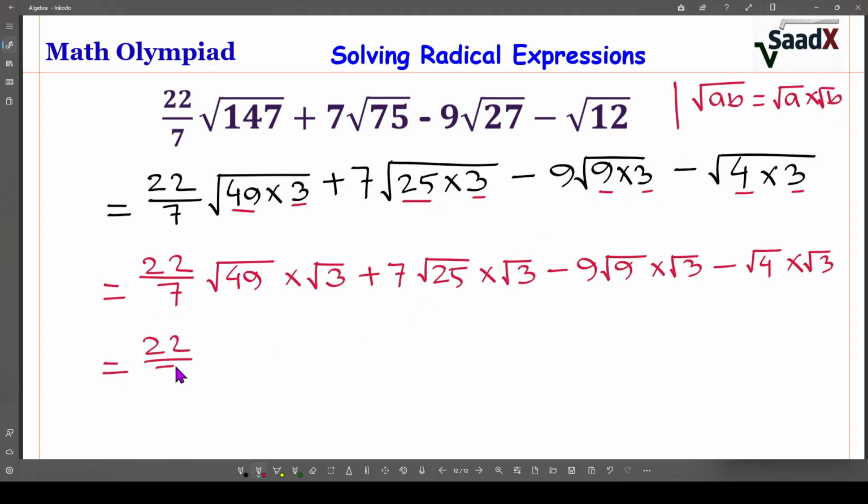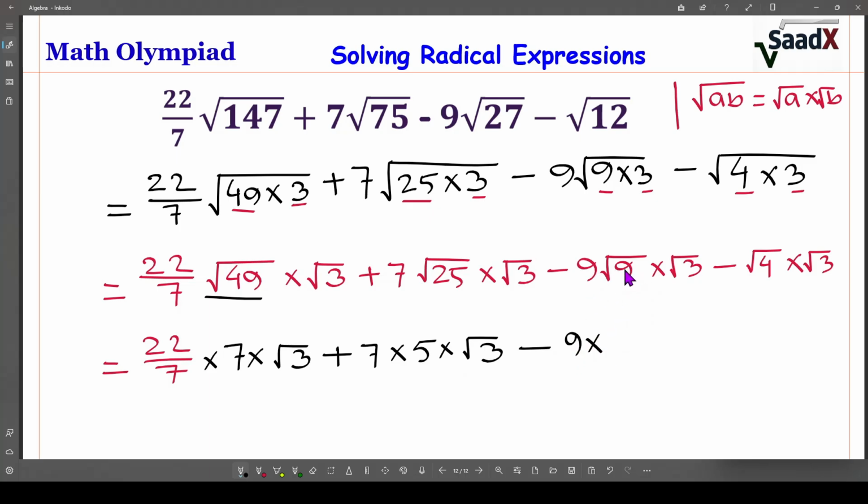22 by 7 times root 49 is 7 times root 3, plus 7 times root 25 is 5 times root 3, minus 9 times root 9 means 3, root 3, minus root 4 means 2 root 3.